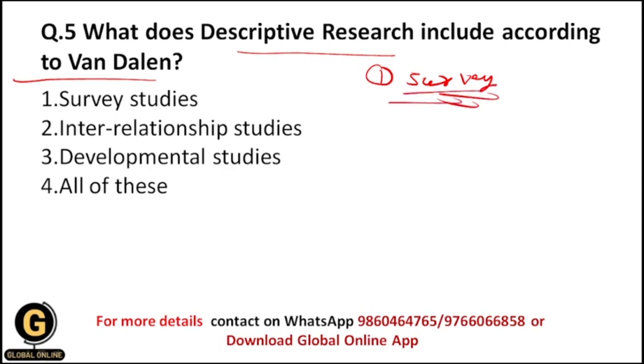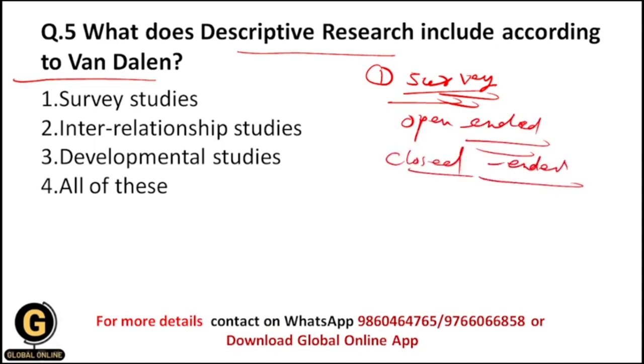In survey studies we deliver open-ended questions in which we get descriptive answers, and as well we include closed-ended questions from which we get closed answers. Basically, we provide choices and we get the answers from those choices.